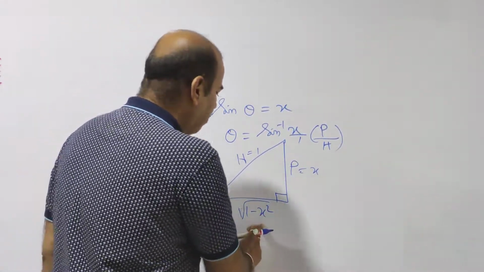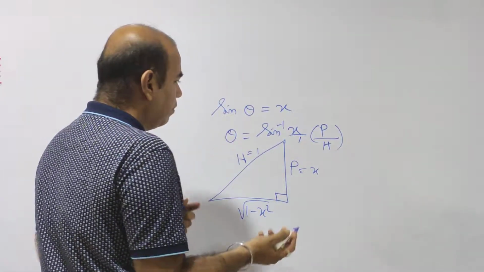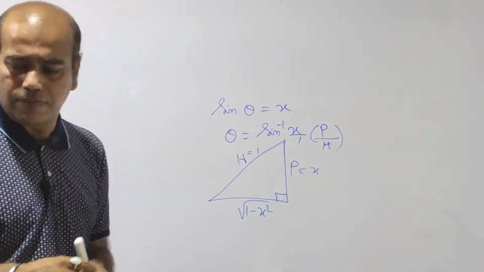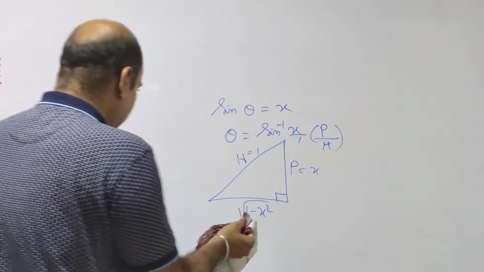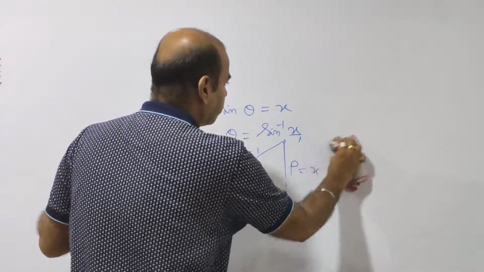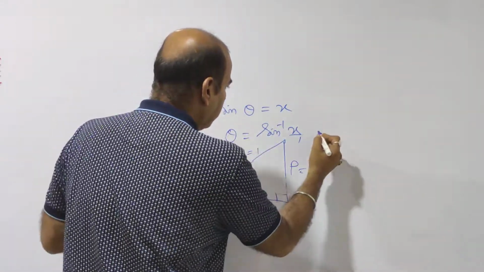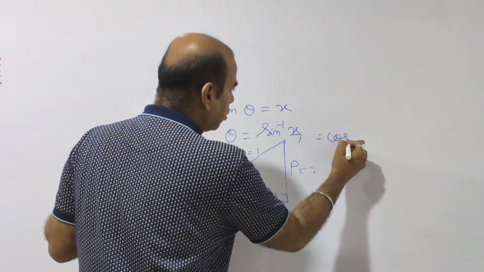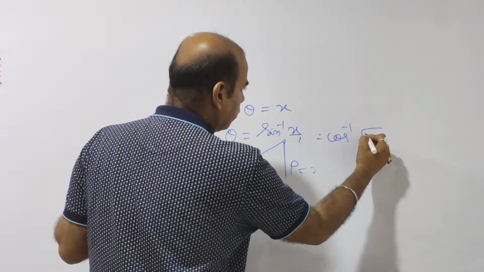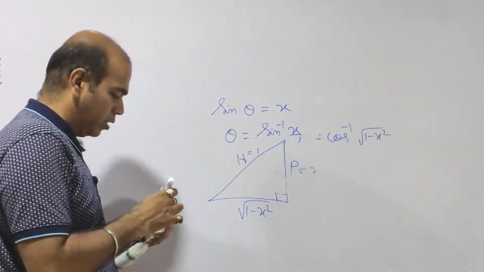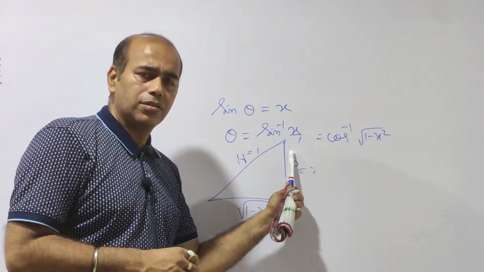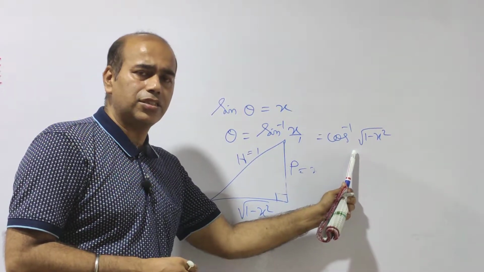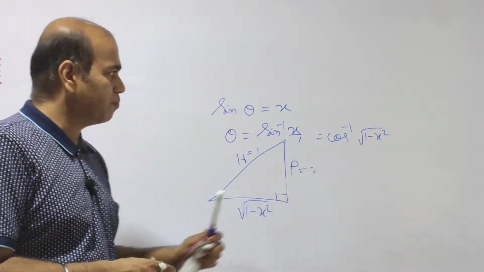Now as I get the base as root over 1 minus x square, what happens to this sine inverse? It changes in this way. Cos is base by hypotenuse, so I can write cos inverse of root over 1 minus x square. That means sine inverse x, by the triangle method, I can change to cos inverse of root over 1 minus x square.